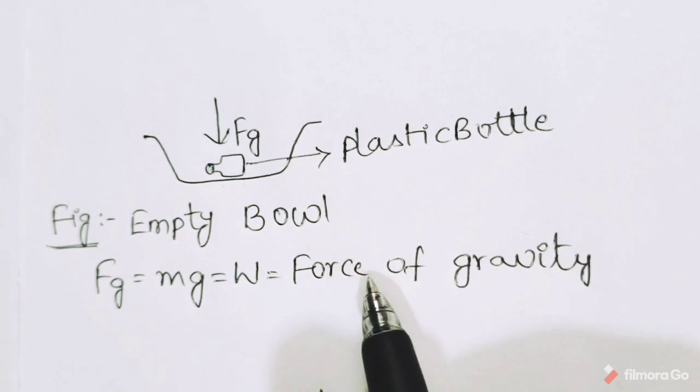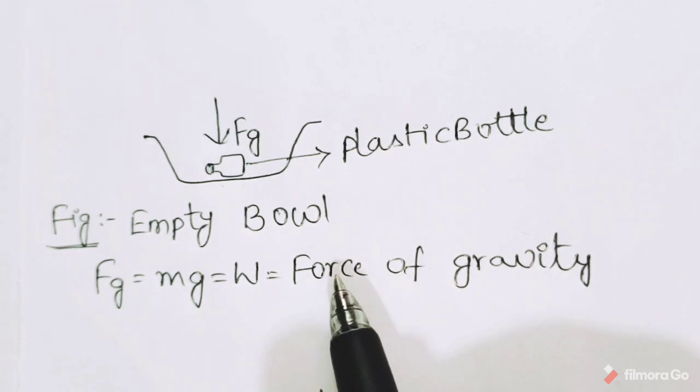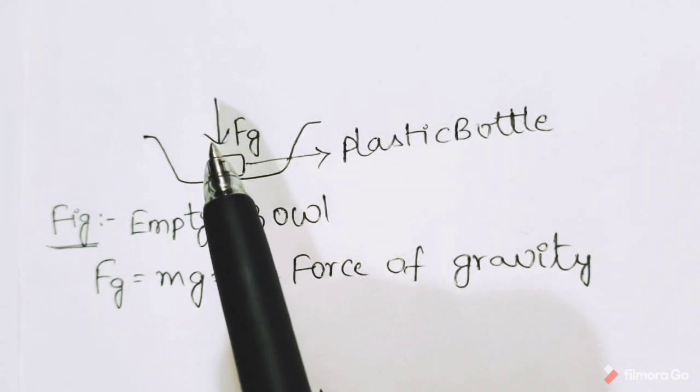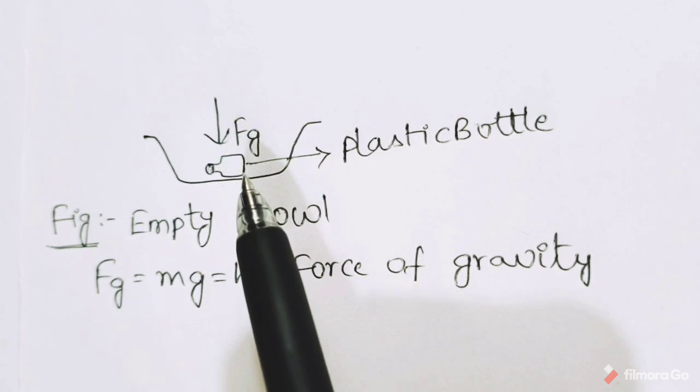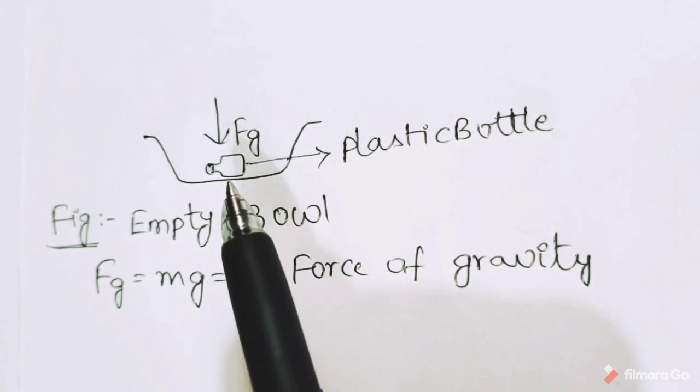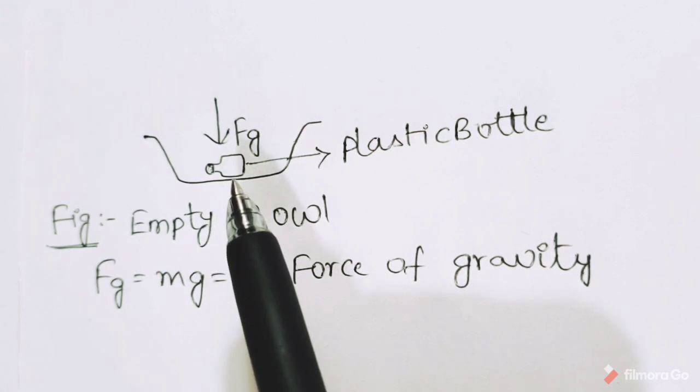Because of this gravitational force, which always acts in the downward direction, the plastic bottle reaches the bottom of the empty bowl. What happens if this empty bowl is filled with water? Let us see.